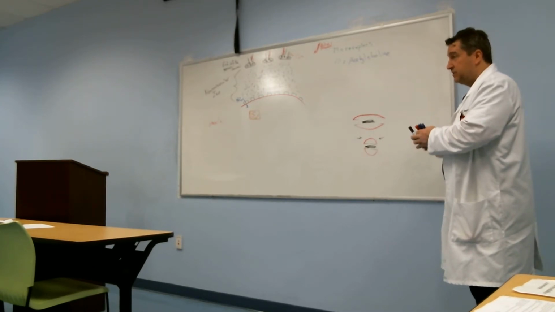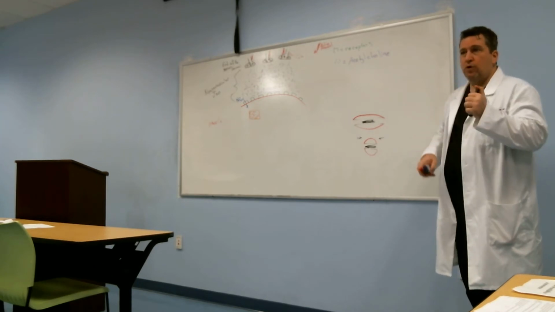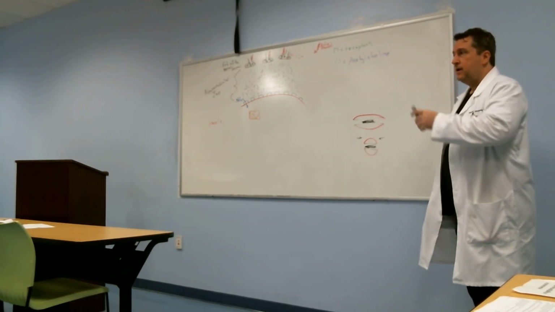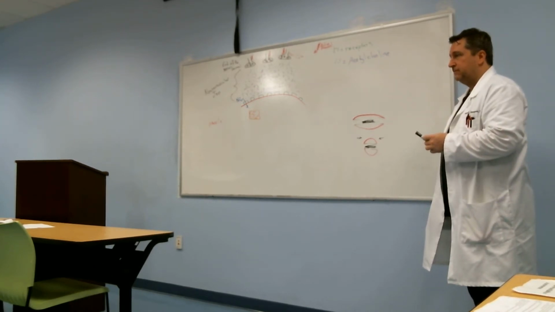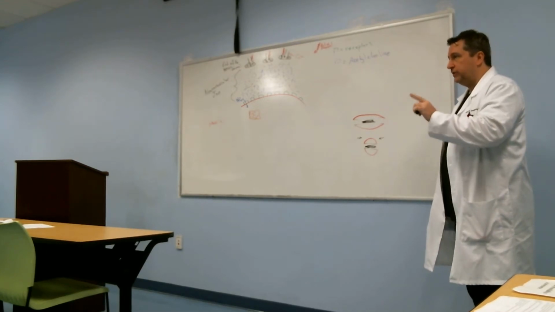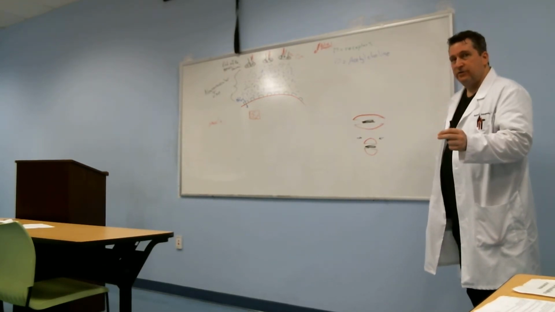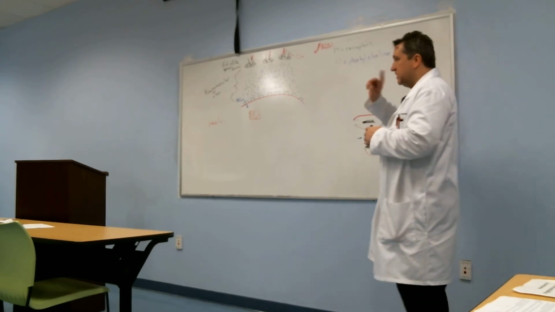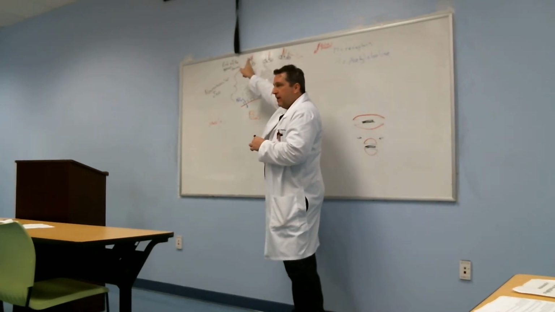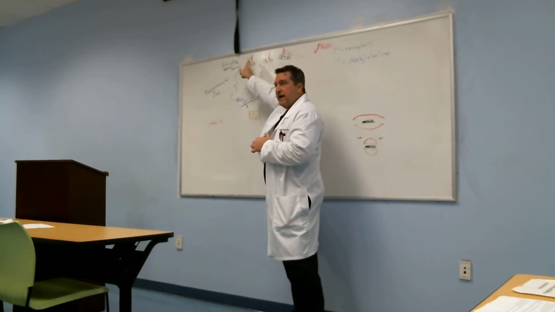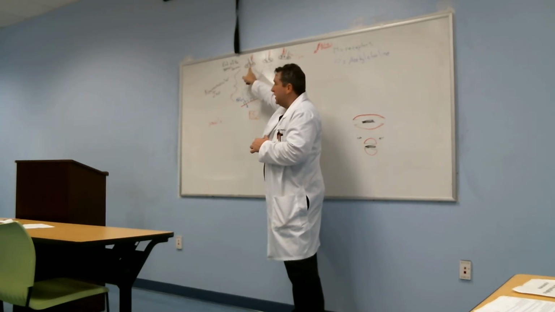So here's what happens. Again, in order for a muscle to contract, it has to be told to contract. In order for a muscle to be told to contract, a signal has to be sent to it. In this case, it's an electrical signal. And the electrical signal is going to come down the nerve, but it doesn't go all the way to the end.